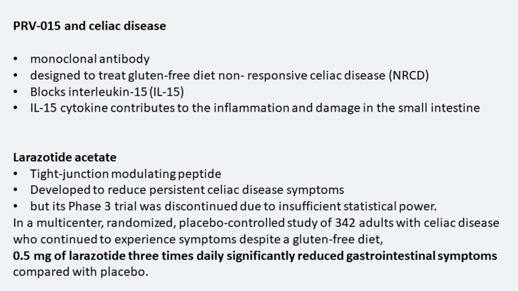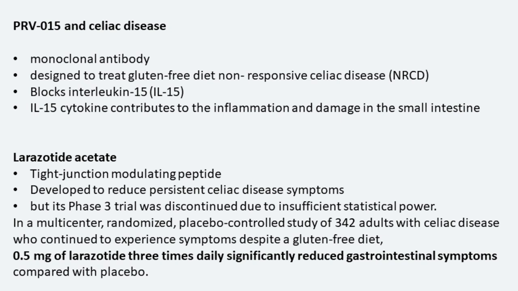Interleukin-15, again, another drug. So if you go back to this picture, you can see how interleukin-15 is affecting. So PRV15 is a monoclonal antibody and it is used to treat gluten-free diet non-responsive celiac. And it blocks interleukin-15, which is the cytokine that contributes to the inflammation and damage.